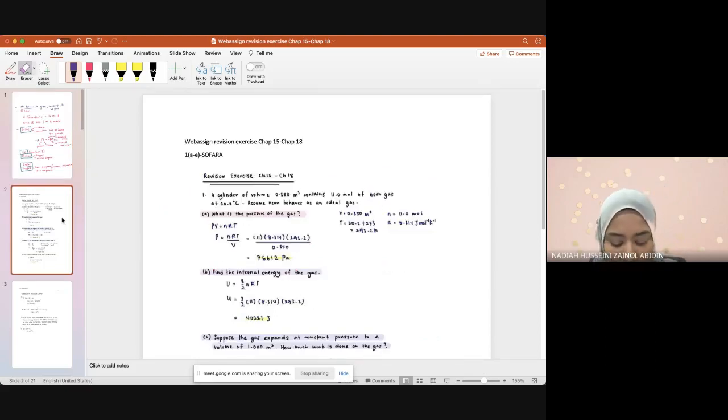So the first question is about a cylinder of volume 0.335. Is your question randomized?